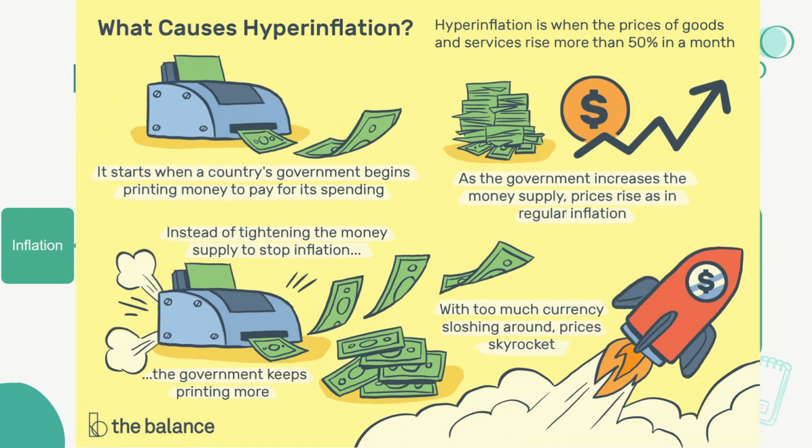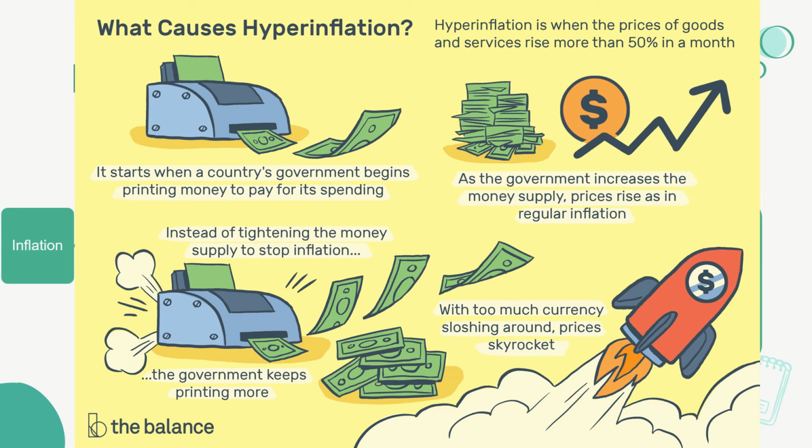Now, what causes hyperinflation basically? The first step to cause hyperinflation in an economy is when a country's government begins printing more money to pay for its spending. First thing first, remember that only the government or the central bank can issue or print money, no one else.